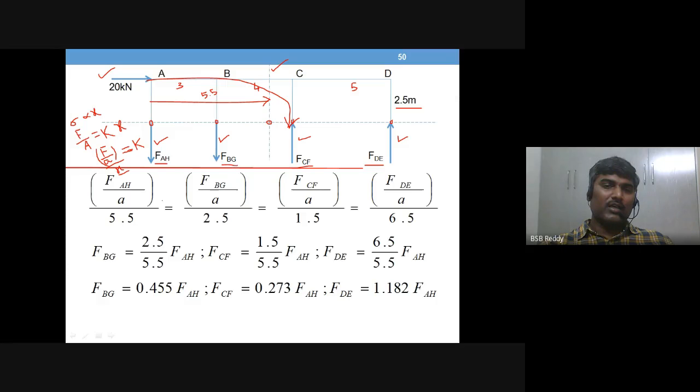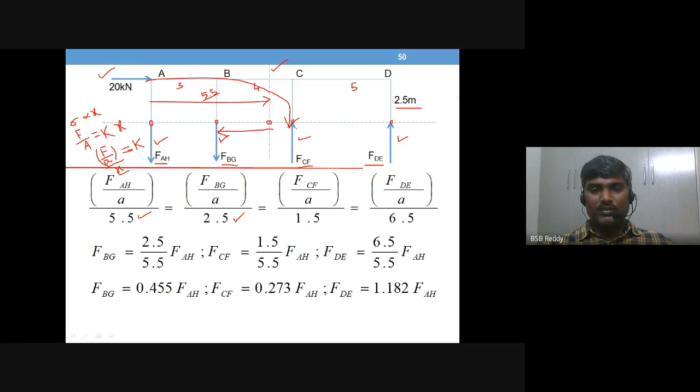Right. So FAH divided by small a, the distance of this column AH from the CG line, is 5.5. Likewise, I can apply it for all the columns. So FBG by a divided by the distance of this column from the CG line, which is 5.5 minus 3, 2.5.